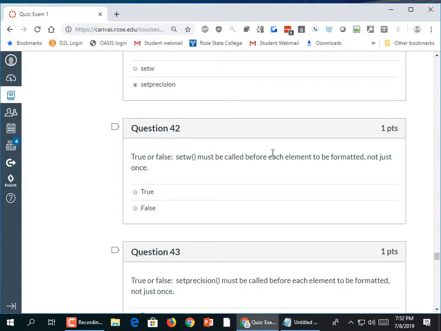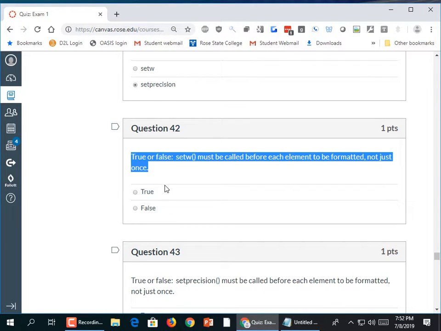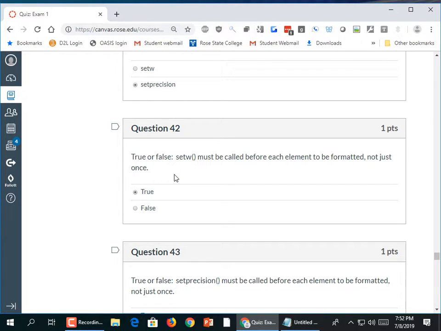True or false? setw must be called, is that true, each and every time? Is that a true statement? If you're using setw, do you have to call it each and every time? Now, everybody got it right, so somebody tell me the answer. Yeah. setw only changes the next piece of data coming along.